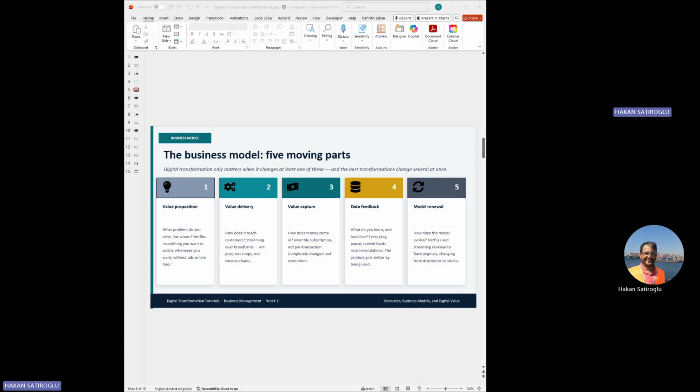Over time, it also supported model renewal, as Netflix moved from just distributing content to producing its own shows, films, or documentaries.